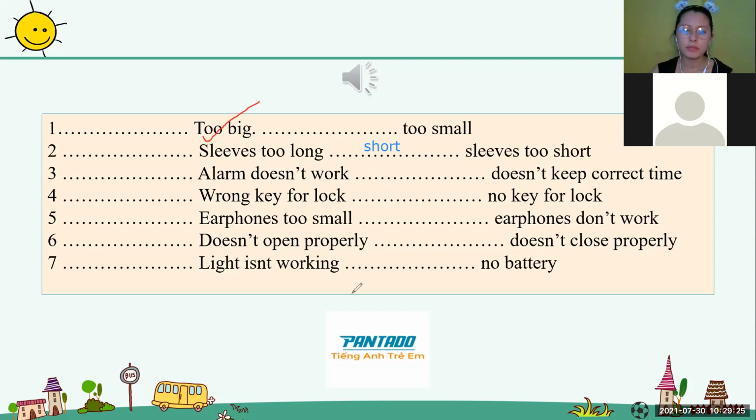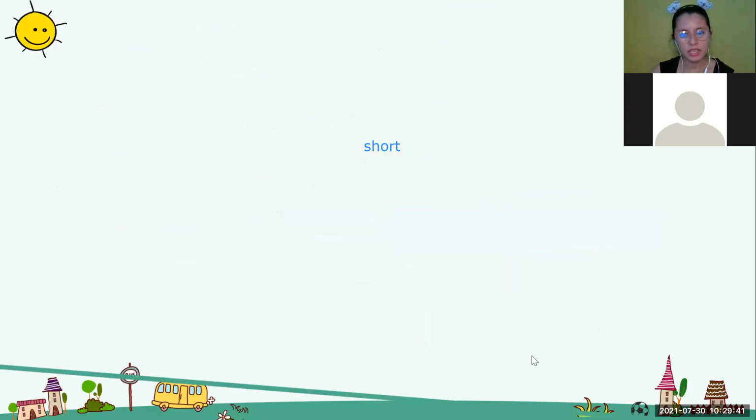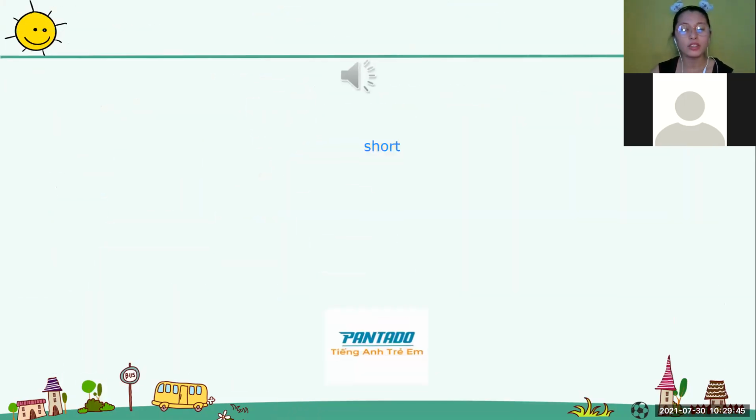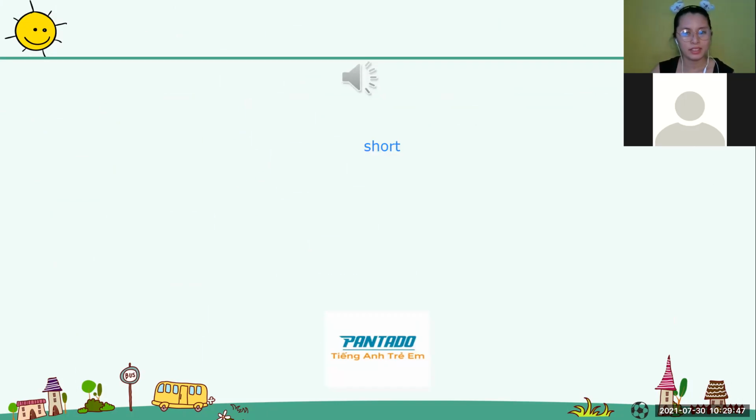Or if it's too small for you, then you can take too small. Okay, is it all right? Because the instruction there is you need to pick the best answer, the wrong one there.